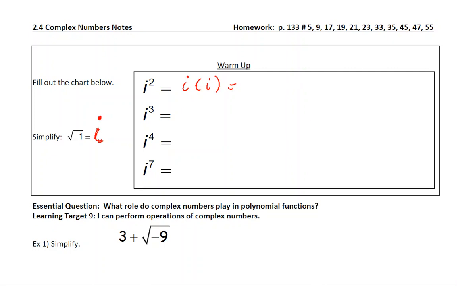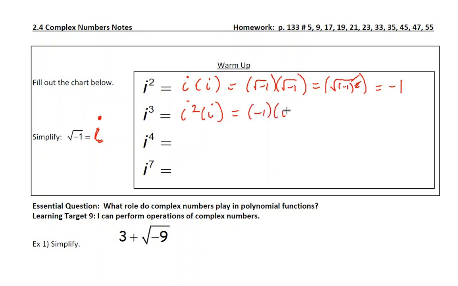And so that would be the square root of -1 times the square root of -1, which another way to write that is the square root of -1 squared, which is -1.